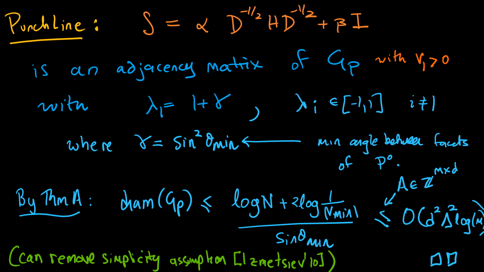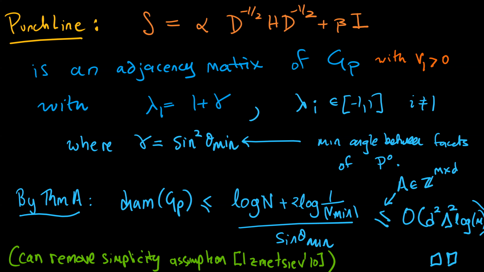With this result, we can apply the theorem, the bound on the diameter, using the theorem that used Chebyshev polynomials in the proof. And we also know exactly what V min is. Remember, we said on the previous slide that V is equal to the square roots of the diagonal entries of D. So we can convert all those bounds into bounds using the angles between adjacent facets, and also bounds on the size of the entries in A. And that becomes the desired bound at the end.